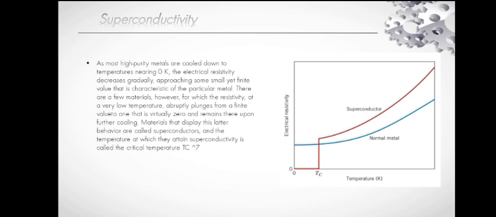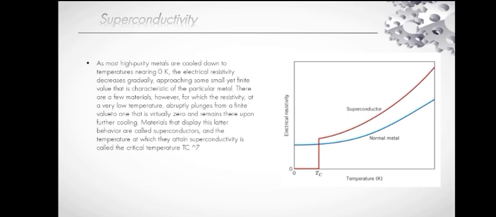So next, let's proceed to superconductivity. This will be the last subtopic of this chapter. As most high purity metals are cooled down to temperatures nearing 0 Kelvin, the electrical resistivity decreases gradually, approaching some small yet finite value that is characteristic of the particular metal.